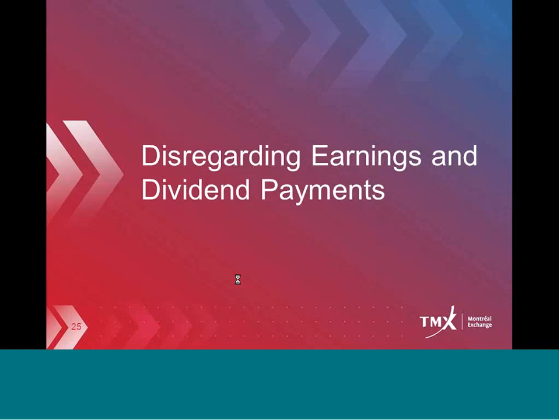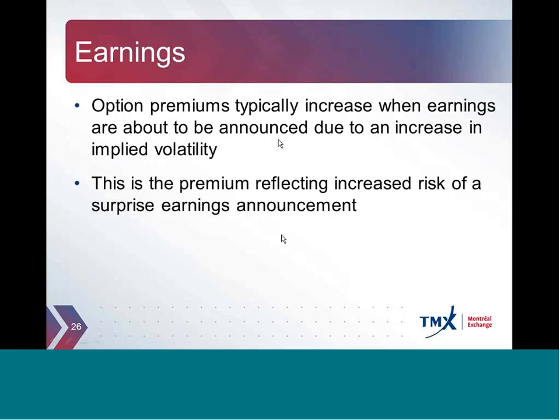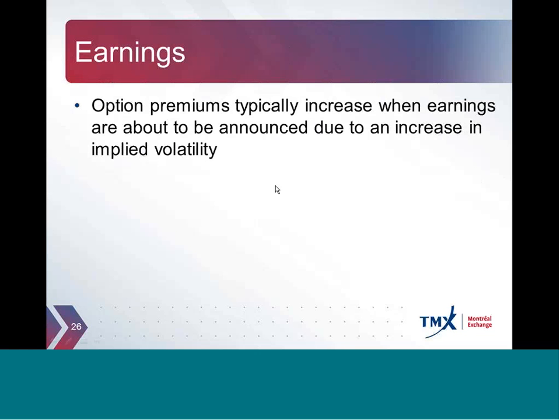The other consideration, and it ties in with what we've been talking about, is disregarding earnings and dividend payments, particularly when we have a directional bias on a particular stock. We want to recognize that option premiums will increase when earnings are about to be announced because of that increase in implied volatility.